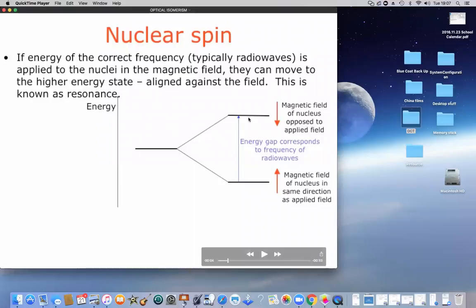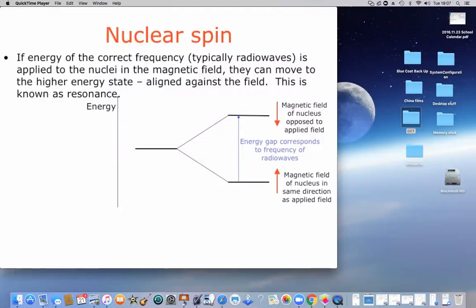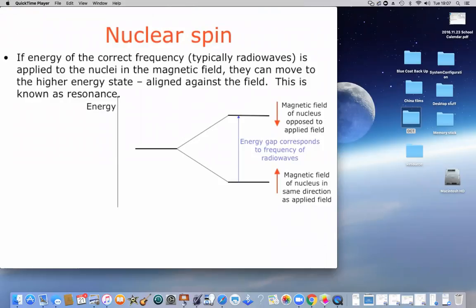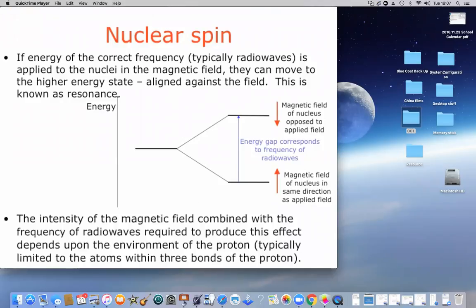So if you apply your nucleus with a sufficiently large magnetic field, you then hit it with radio waves and they will align against. And the intensity of the radio waves and the intensity of the magnetic field tell us something about those protons. It tells us about what we call the environment of the proton. Typically, that's anything that is linked to the proton within 3 bonds.